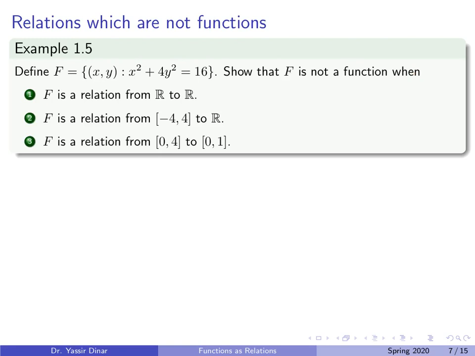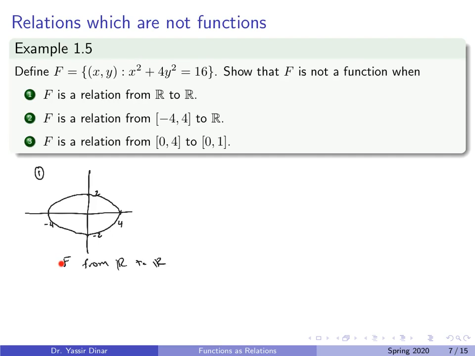First, we show that f is not a function when we take f as a relation from the set of real numbers to the set of real numbers. The second one, we show that f is not a function when we take it as a relation from the interval [-4, 4] to the real numbers. And we show that f is not a function when we take f as a relation from the interval [0, 4] to the interval [0, 1].